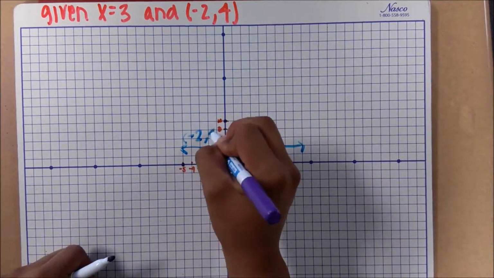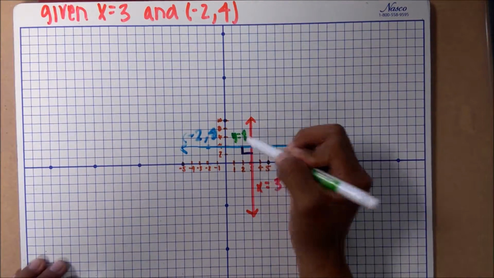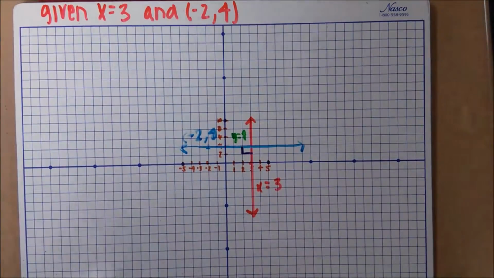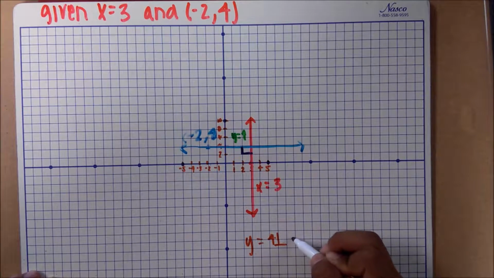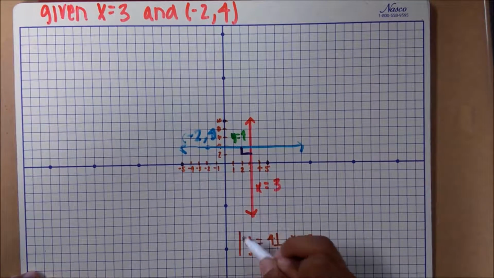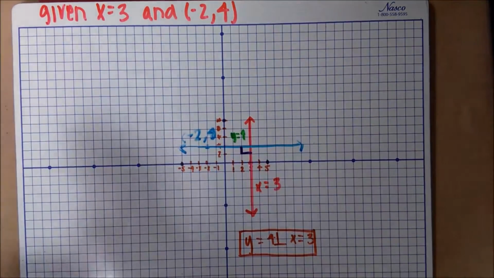By visually looking at this, you know that the line that's perpendicular will pass through negative 2, 4 and through x equals 3 at a 90-degree angle. Your next step is to draw a line through the given point straight through x equals 3. You can now visually see that the line that is perpendicular through x equals 3 is y equals 4.